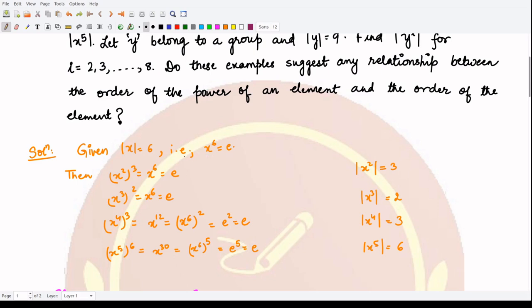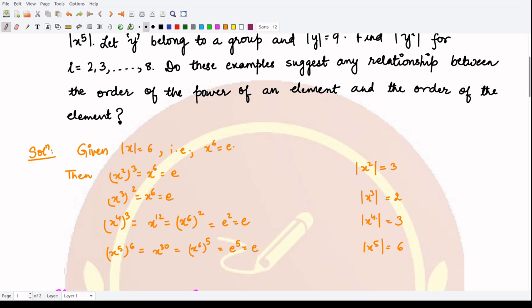So when you take the third power of x square, you get e, hence the order of x square is 3. Similarly, for x cube, when you raise it to power 2, you get again the power of x as 6, which is e, hence the order of x cube is 2, right?